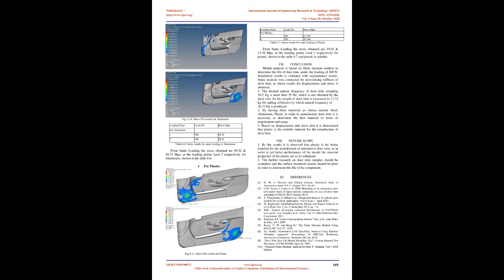For aluminum, from static loading the stress obtained are 69.32 and 28.31 MPa, at the loading points 1A and D2 respectively, shown in table 6.6. For plastic, from static loading the stress obtained are 19.03 and 13.38 MPa, at the loading points 1A and D2 respectively, shown in table 6.7, and plastic is suitable.